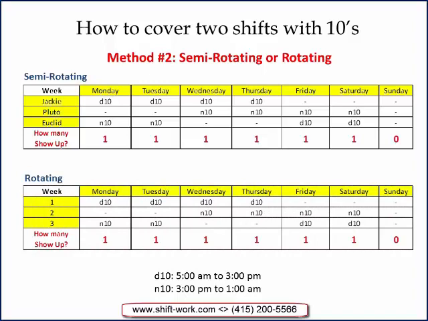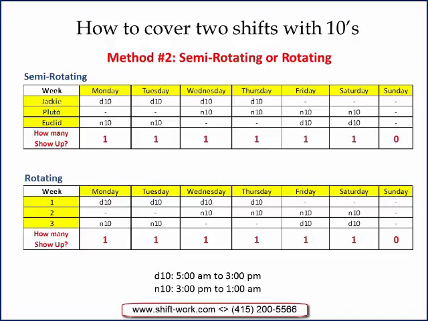If we take a look at it as a rotating schedule, all I've changed is over on the left-hand side. Instead of putting names, I put weeks, week 1, 2, and 3. So each one of our 3 people would be in one of these 3 weeks, and then they would rotate through the 3 weeks. Whoever's in week 1 would go down to week 2, whoever's in week 2 goes to week 3, and week 3 rotates up to week 1. So if we were in week 1, for example, we'd work Monday, Tuesday, Wednesday, and Thursday day shift.